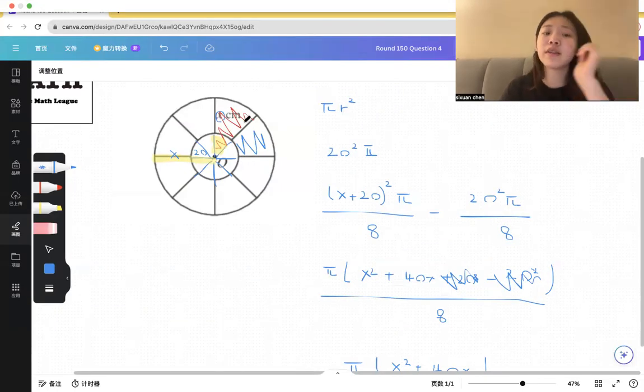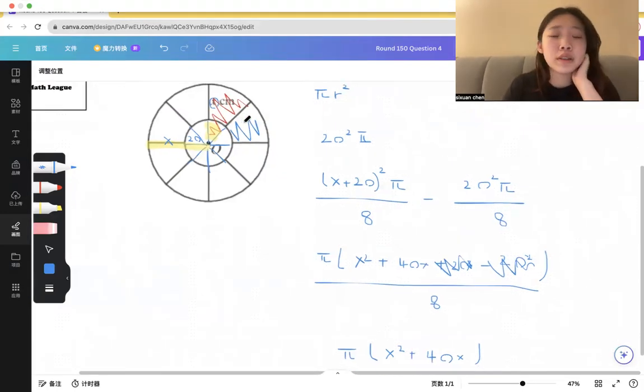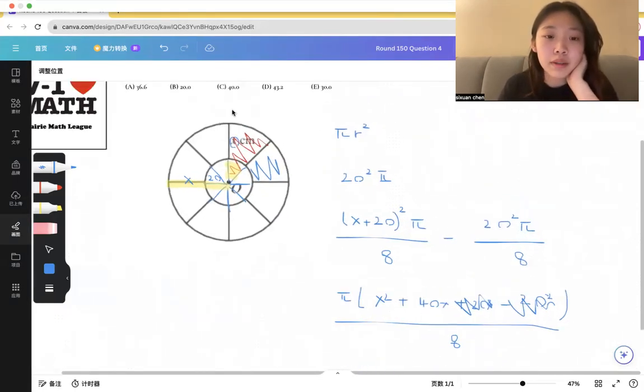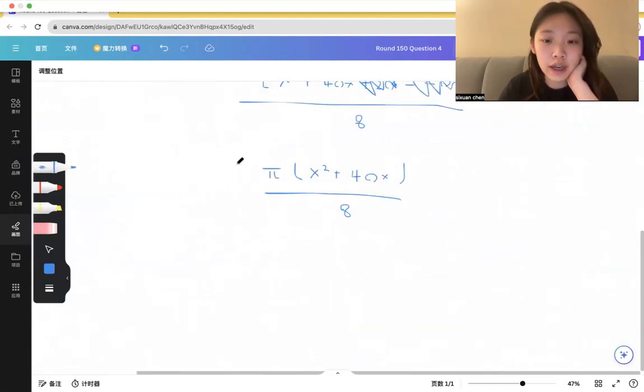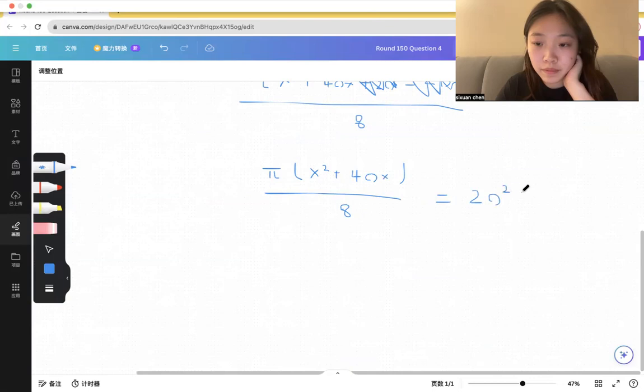So how do we find the value of x? We will need to create an equation. Because we know the area of this shape will be equal to the area of this smaller circle right here, we can write this equation as this whole thing equals 20 squared pi.